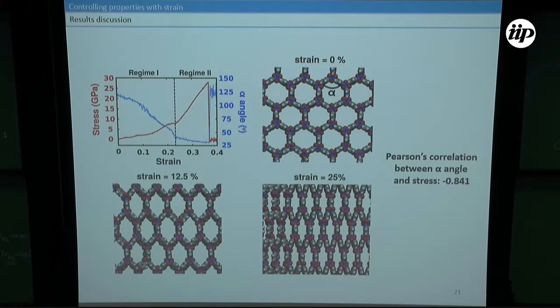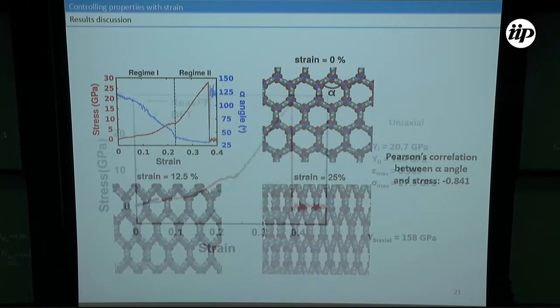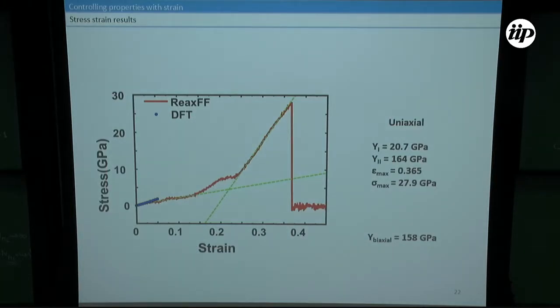As I said, we tried different directions and different widths of the non-periodic direction. For some, we found correlations as high as 0.955. So we are pretty sure that this change of microstructure is the reason why the Young modulus is so low for this uniaxial strain.